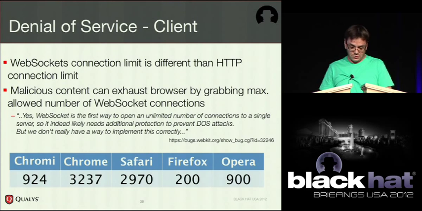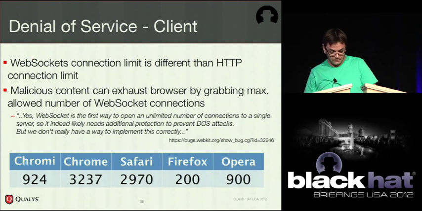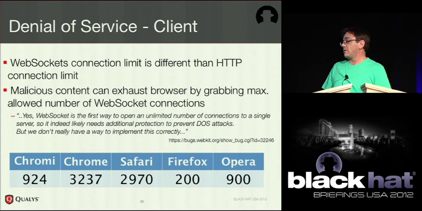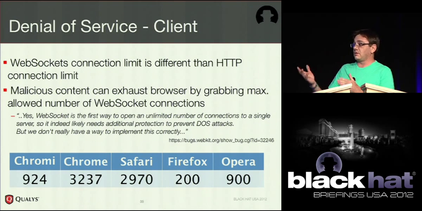Denial of service attacks could be easily achievable with WebSockets, way easier than with HTTP, because browsers treat WebSocket connection limits differently from HTTP, and they are not limiting them by domain.